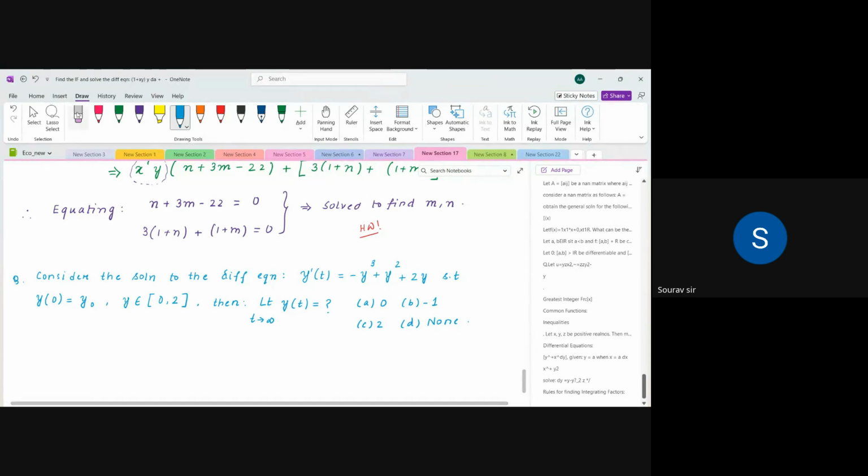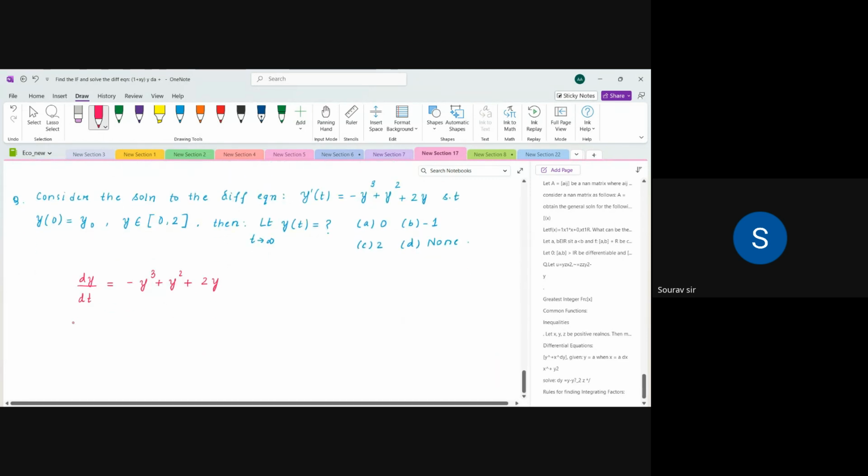So the differential equation in this case is given in dy by dt format is equal to this. Right? So I can easily variable separate. That wouldn't be difficult. Right? And then integrate it out. Right?